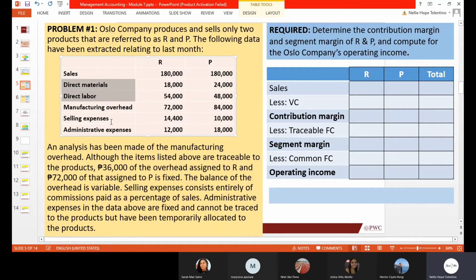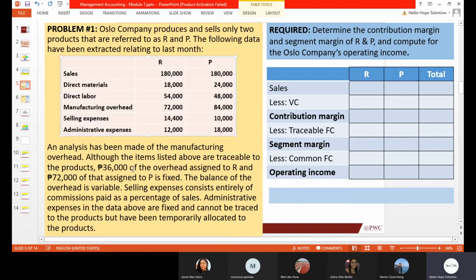Ang DM and DL will always be variable cost. Very good. So, pwede mo na yan sila actually i-forward dito. Yung problema mo is yung MOH. Because hindi mo alam kung aling portion dyan ang fixed and variable. Selling and admin, pwede rin niyang maging fixed and variable.